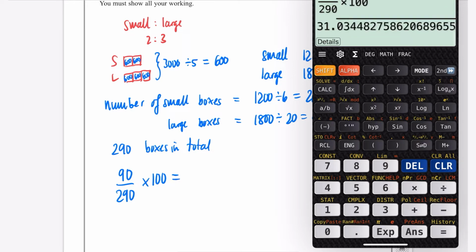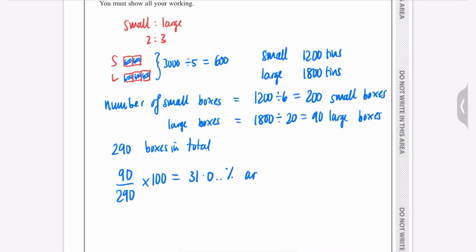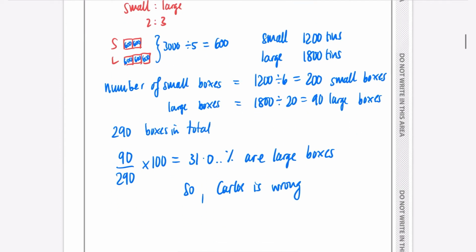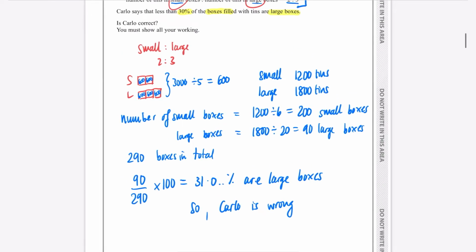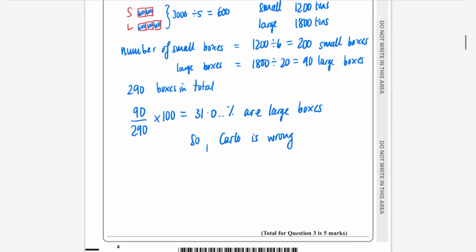I'm going to press SD. And so actually 31.0% are large boxes. And he said less than 30%. So Carlo is wrong. Or Carlo, not Carlos, is wrong. Okay. I've just given that rounded, but it's obviously bigger than 30%, so you don't need to worry about that too much.